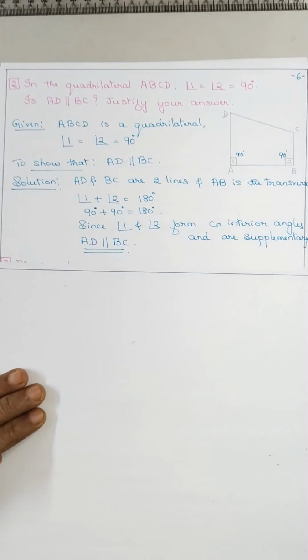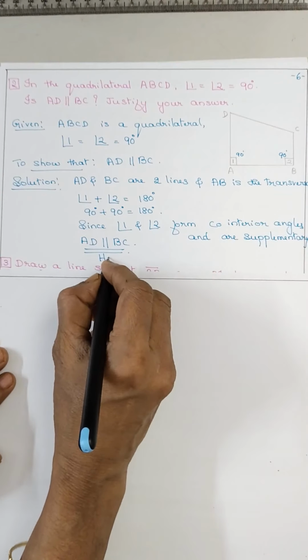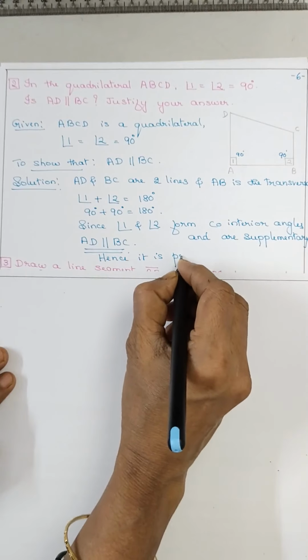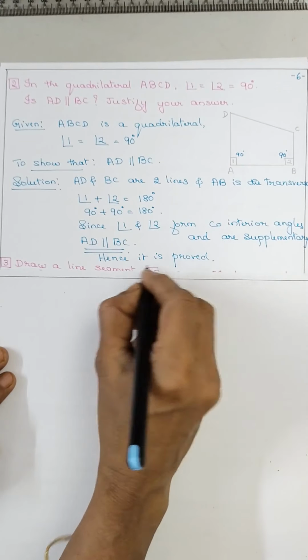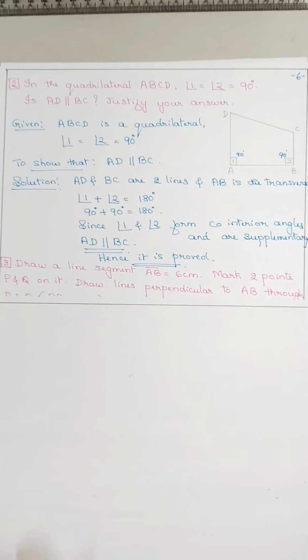That is why AD is parallel to BC. Therefore, hence it is proved. Which is the transversal? AB.